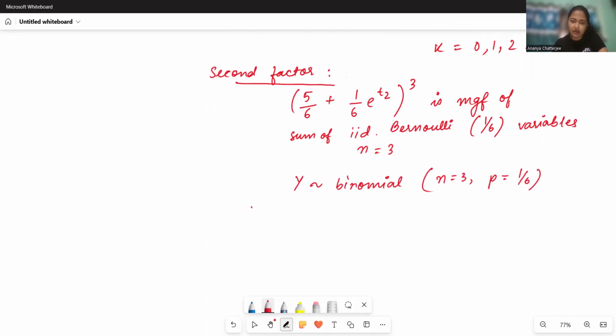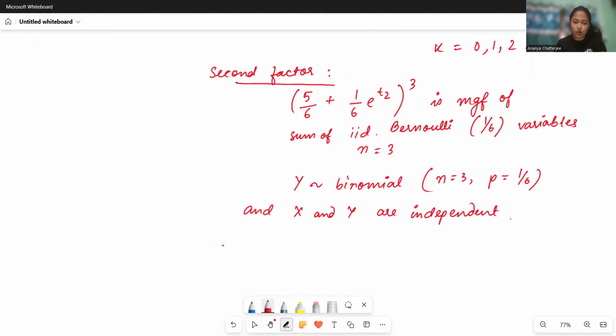Okay. And it is given that X and Y are independent, because the MGF factors as the product of a function of t1 times a function of t2, right?